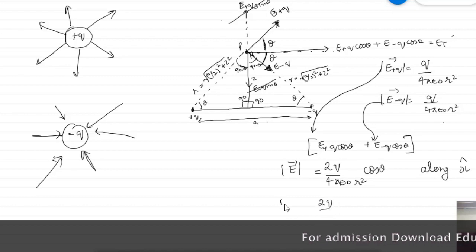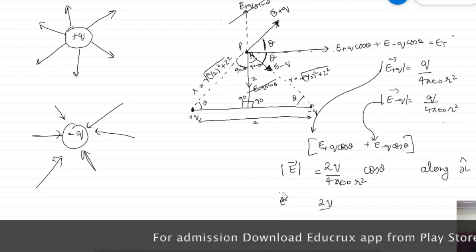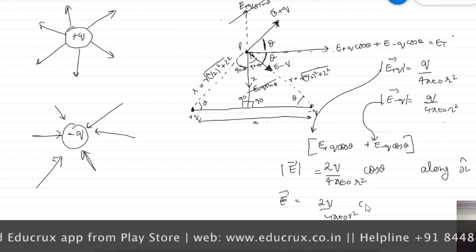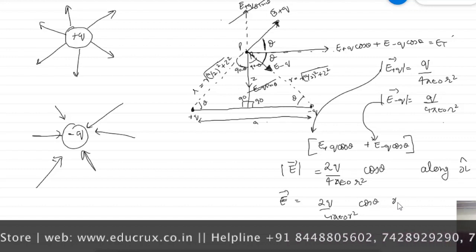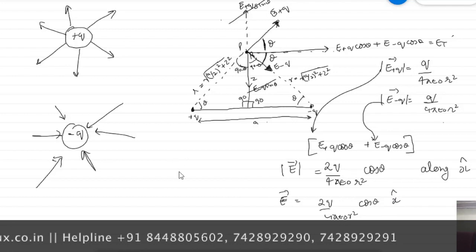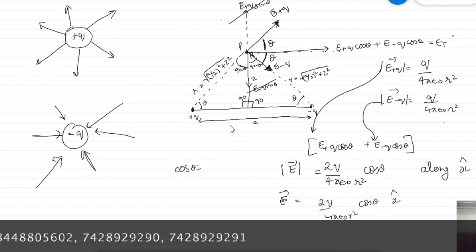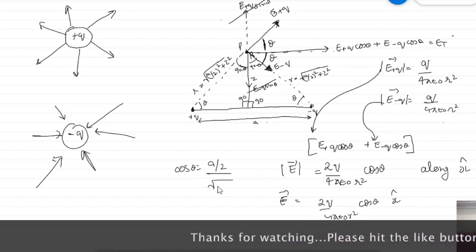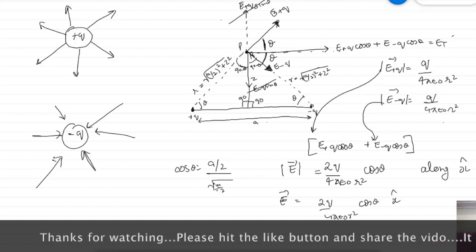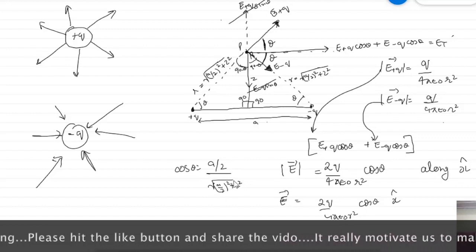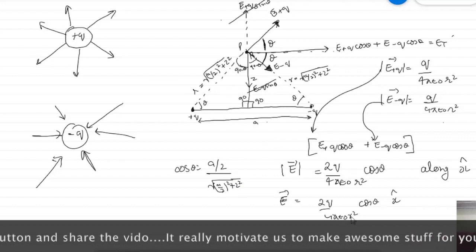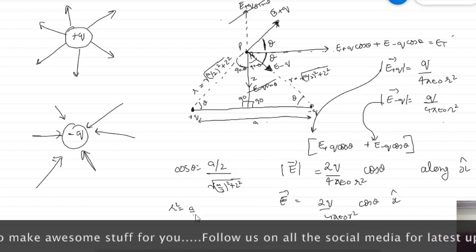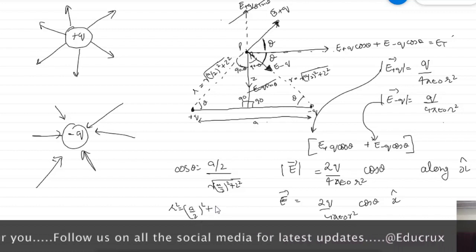So if I try to write this field in terms of the vector, this will be equal to that magnitude times x cap. Okay, and cos theta, as you can see from the diagram, is equal to a by 2 upon under root a by 2 whole squared plus z squared, and R squared is equal to a by 2 whole squared plus z squared.